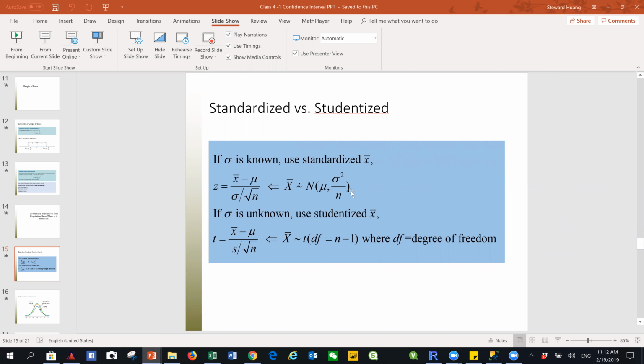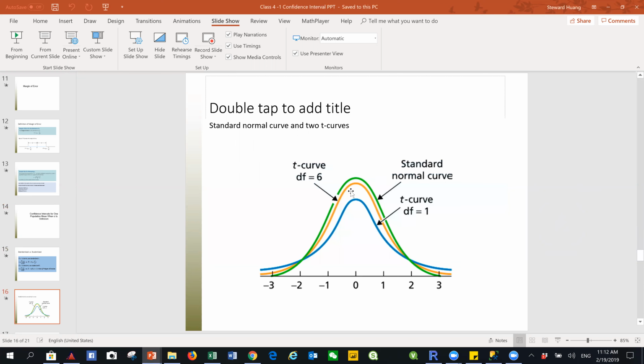And then for T, we follow the T distribution with degrees of freedom n-1, which is sample size minus 1. The degree of freedom determines all the characteristics of T. So degree of freedom is the key parameter for T. You can see from here that the T distribution and Z distribution are very similar.